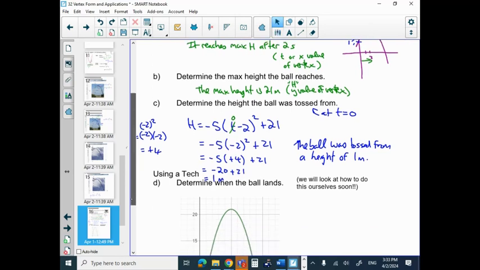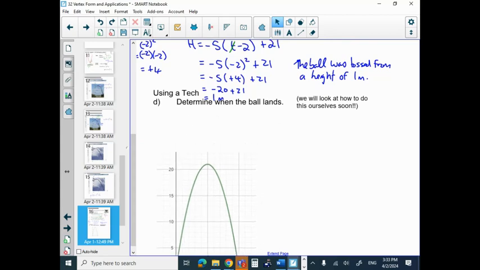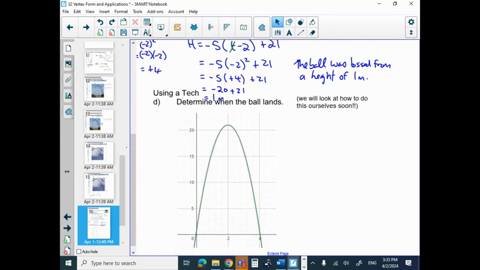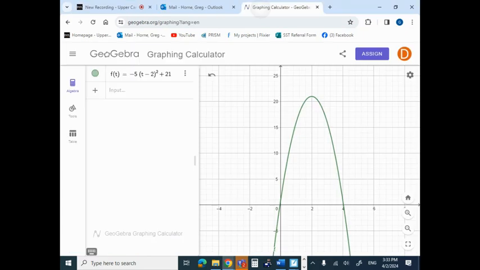Now, the last thing here is we're going to use our technology like we did before. If we were to graph this thing, I wasn't supposed to have that picture on this page, but this is what the picture ends up being once you graph it with GeoGebra. So you just put the equation in and you see that it lands around 4. Is it exactly 4?